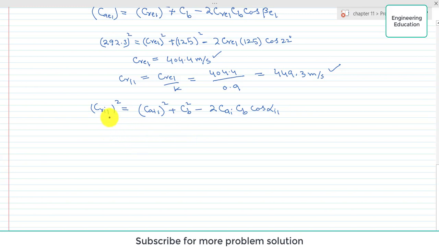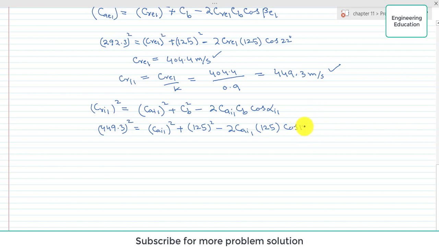So here we have CRI1, which is 449.3 square, equal to CAI1, which is unknown to us, plus CB, 125 meter per second square, minus 2 CAI1, CB is 125, cos of alpha I1.